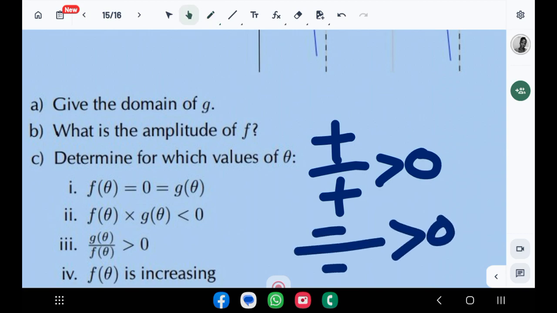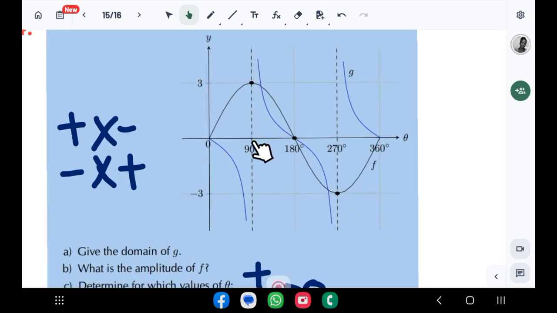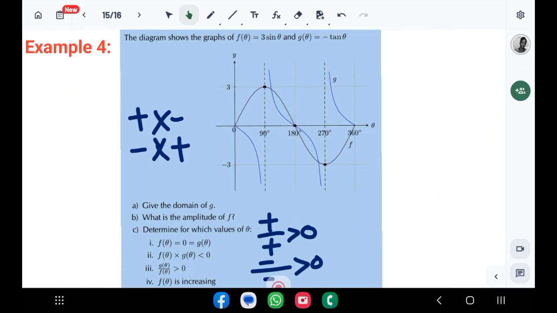That's when it will be. When are they both positive and both negative? They are both positive between 0 and 90 degrees, and they are both negative between 180 and 270 degrees. So that is the interval between 90 degrees and 270 degrees, not including.